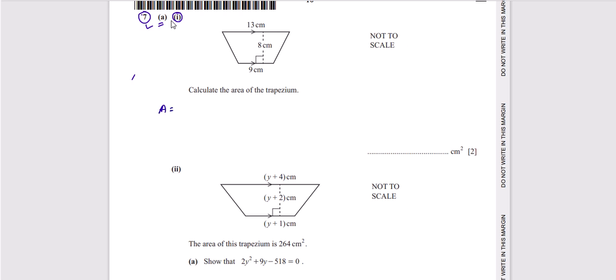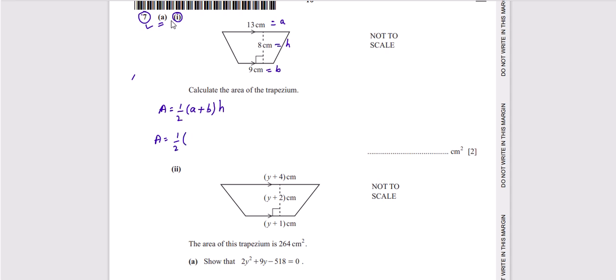A is equal to 1 by 2 into (a plus b) multiplied by h. a is the upper side and b is the lower side, and here this one is h.